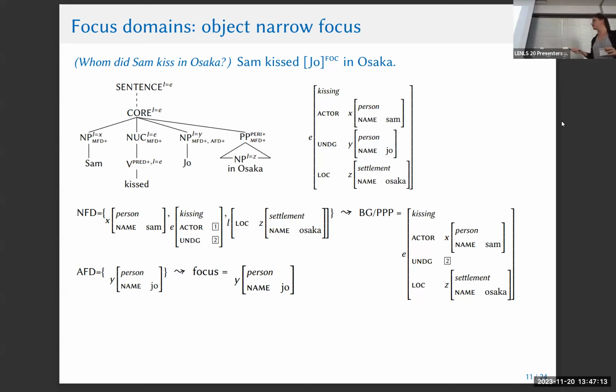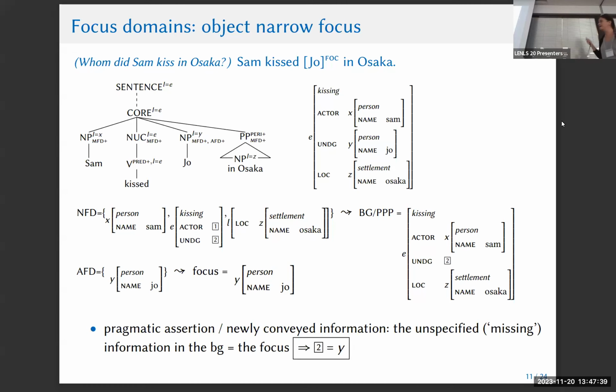So this is a kind of open proposition. What this says here is a description of some event E, it has the type, the actor is specified, the location is specified, but the undergoer is not specified. We know that there is an undergoer, it must be an undergoer, but it's unspecified. And so we have the focus and the information content of the focus. Then the pragmatic assertion, or the newly conveyed information, is not the focus, it's not Joe as the new information.